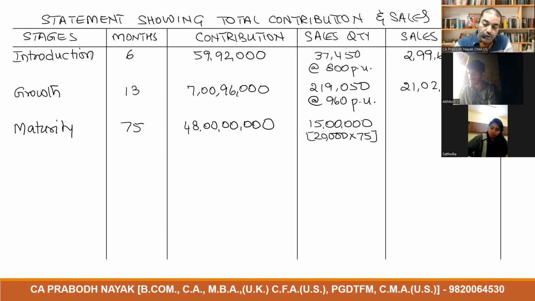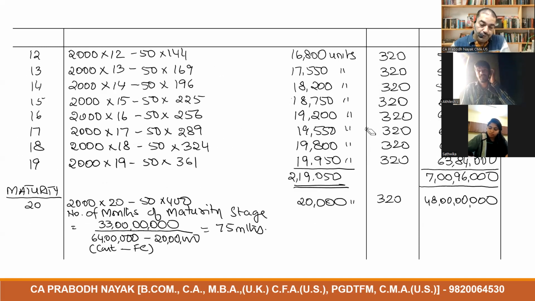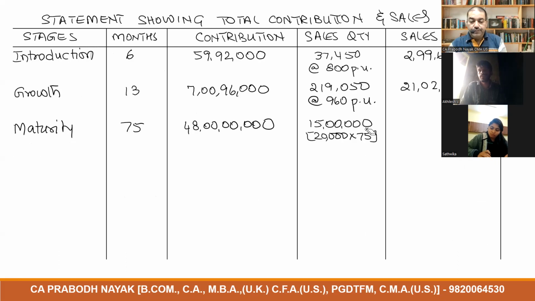What is the quantity? 20,000 units into 75 months, correct. At the rate of 960 still, no change.